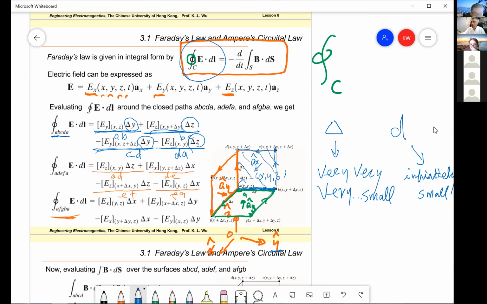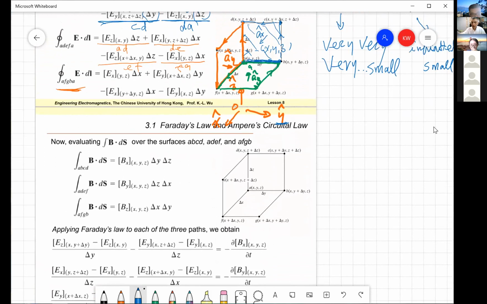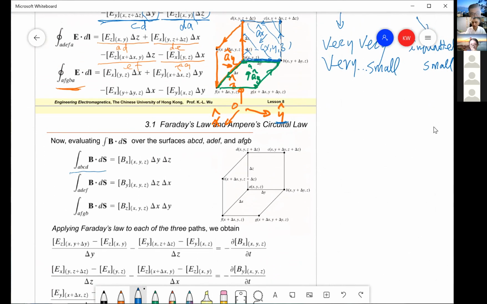So what we need to calculate is the surface integration of B over this surface, the flux of B over ABCD.